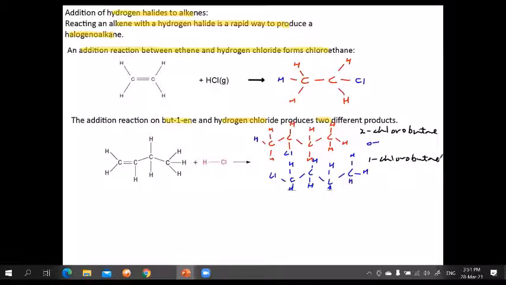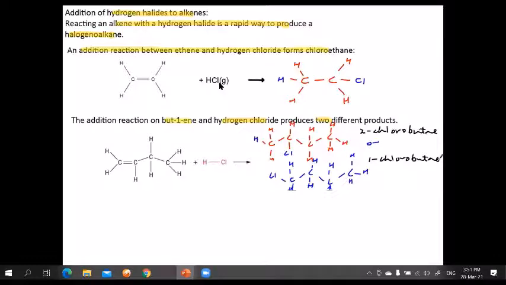So, now when we do this, here we have an alkene again, and then we have a double bond and we add the HCl, the hydrogen halide, just in case you want to call that. HBr, HCl, HI, anything with H next to a halogen from group 7 is called a hydrogen halide.